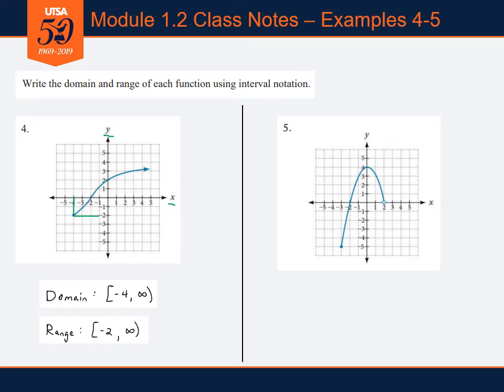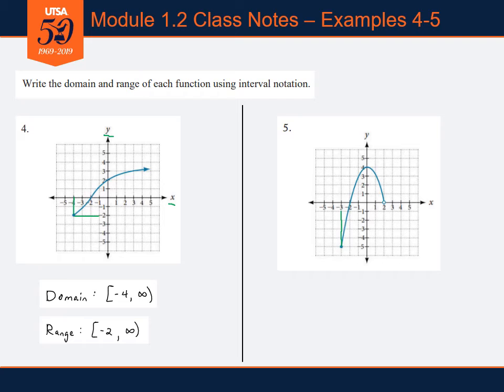Again, domain is all the input or x values, and we're asking how far to the left and how far to the right this function moves. I see that in terms of horizontal movement, the function does not proceed any farther left than this x value of -3.